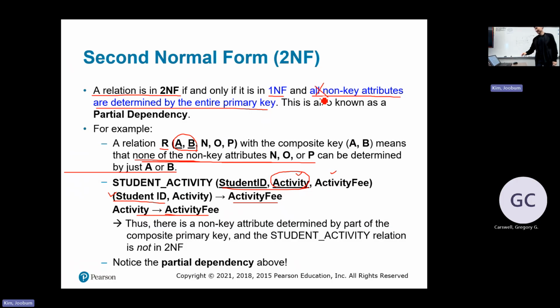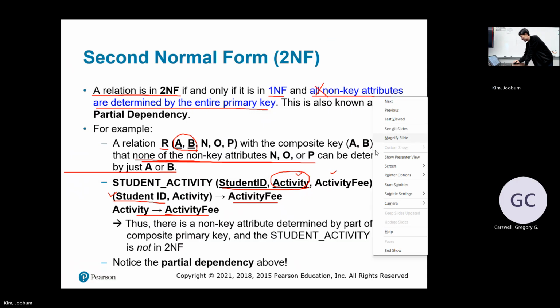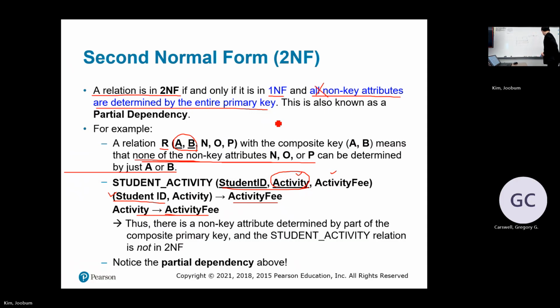No? Again? So the student activity relation has 3 columns: student ID, activity, and the fee. In the relation, we set the composite primary key as student ID and activity. This is the assumption. That primary key determines what? The non-key attribute, activity fee. Make sense?